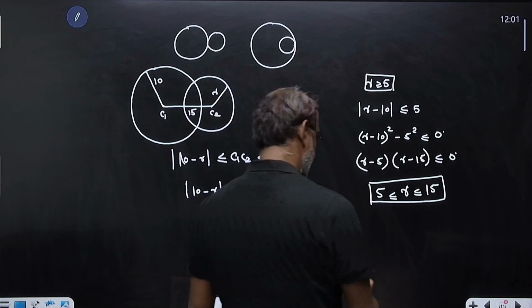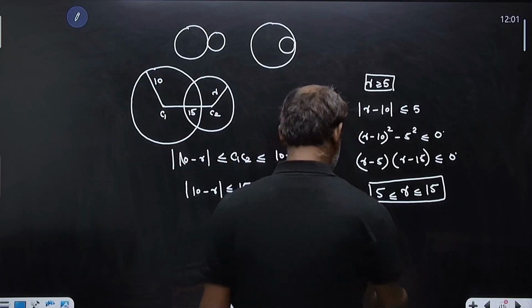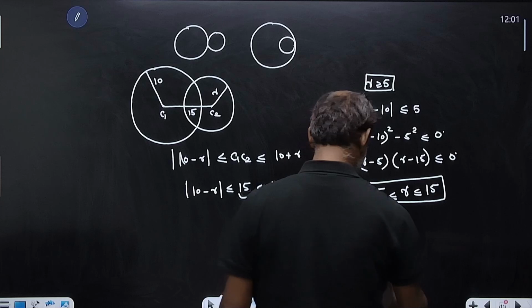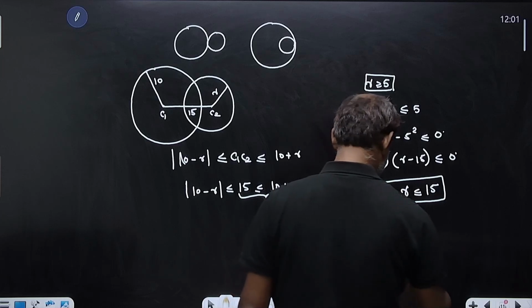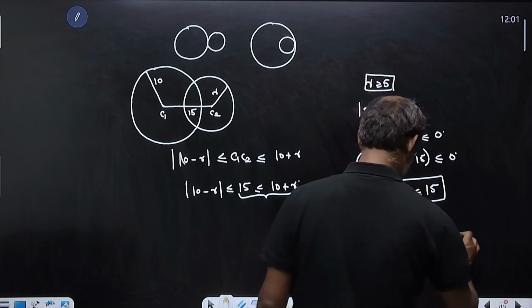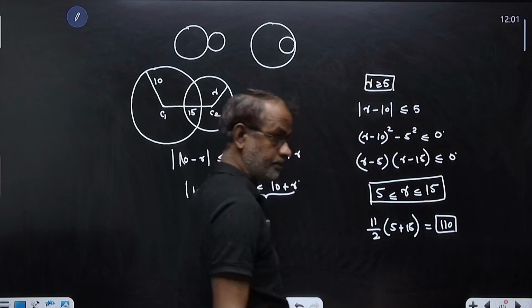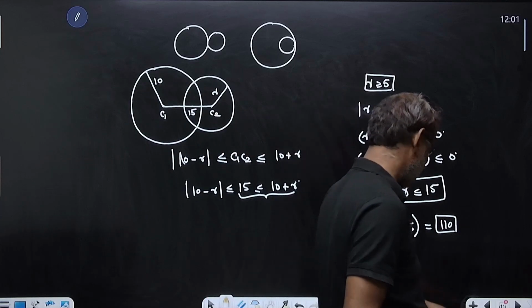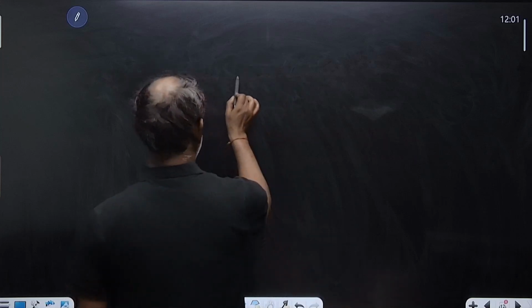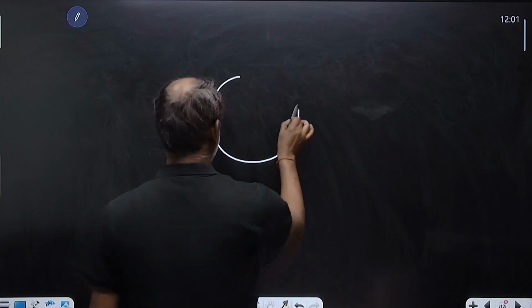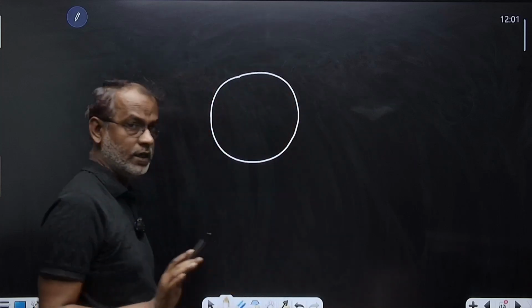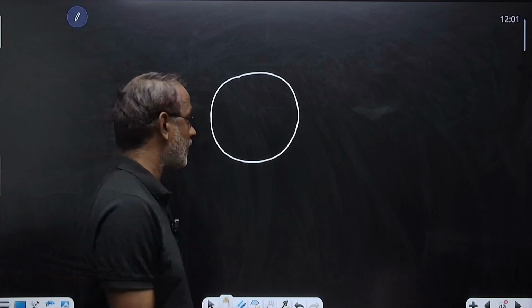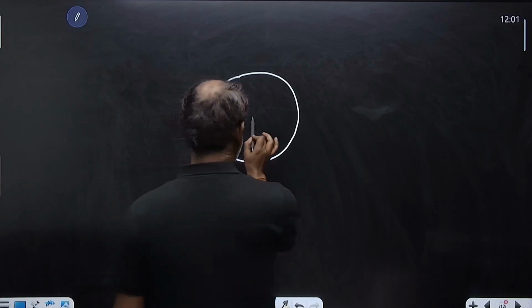Okay, so insofar as sum is concerned, we have 11 numbers. This is 110. Or we could have simply drawn a diagram. See, this is one circle. If we are comfortable with geometry, I would say this would be a better way.